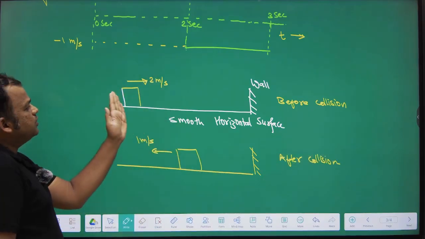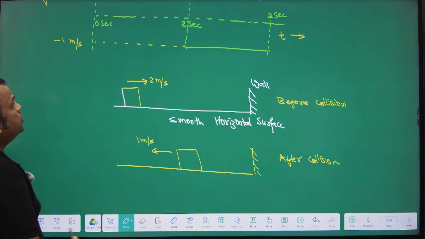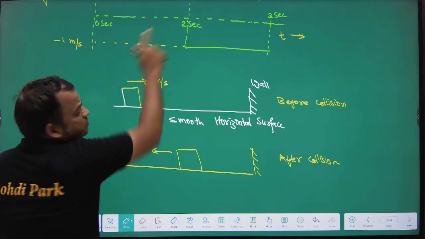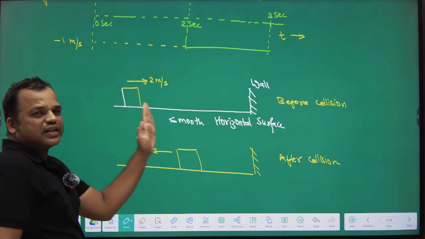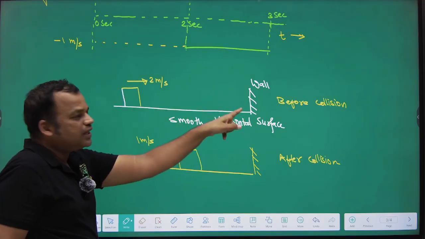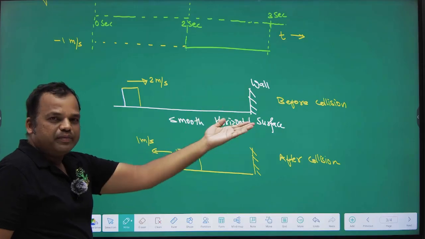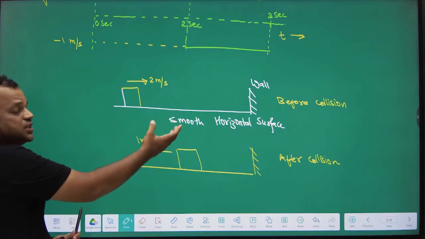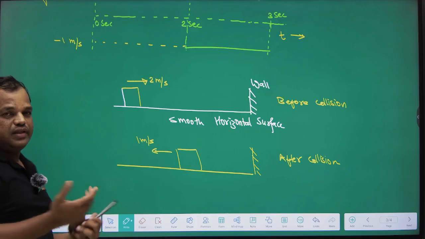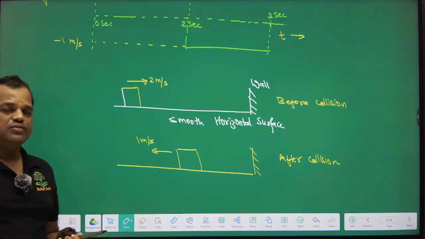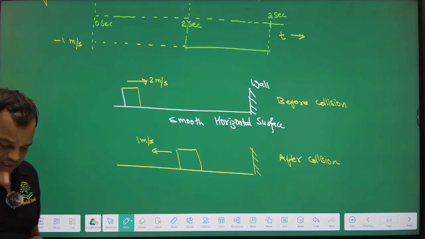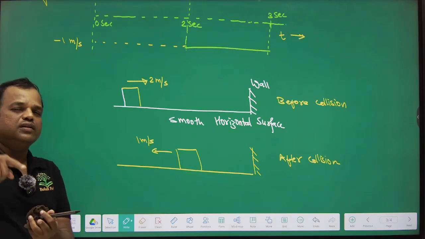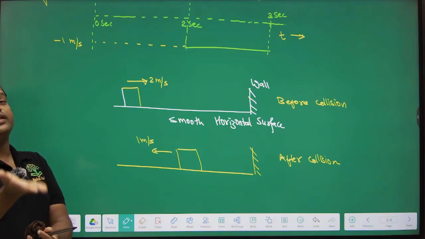So before collision we observed the motion of the block for 2 seconds, 0 to 2. At 2 seconds collision happened, and during collision we see the direction of velocity is reversed. We can take another example also. The ball is dropped from some height, so it is hitting the floor, it is rebounding. So before collision the direction is downward, and after collision the direction is upward.